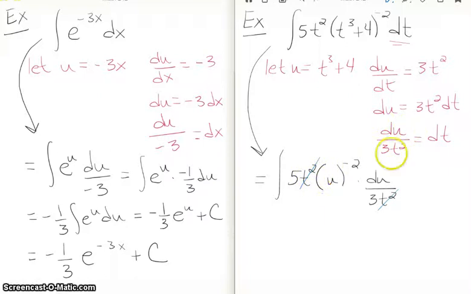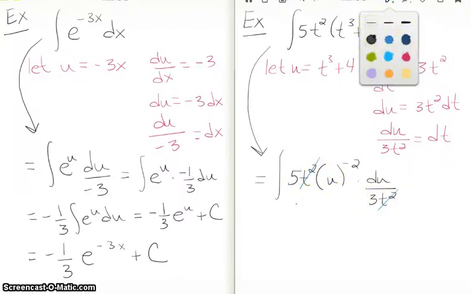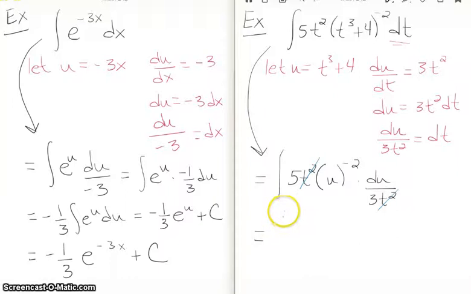So you didn't have to think about trying to write exactly what you had, because we had a 5t squared dt. We only had 3, so that gets a little bit messy. So we don't even have to try to think about how to replace that. We can just replace the dt with its equivalent expression here, and then allow things to cancel as necessary. So now that we've got things canceled, let's go ahead and rewrite what we have left.